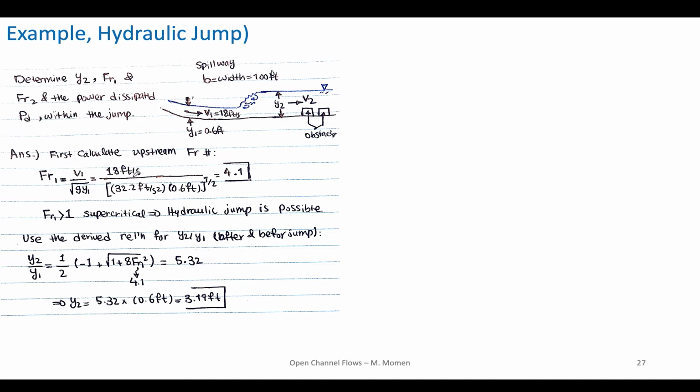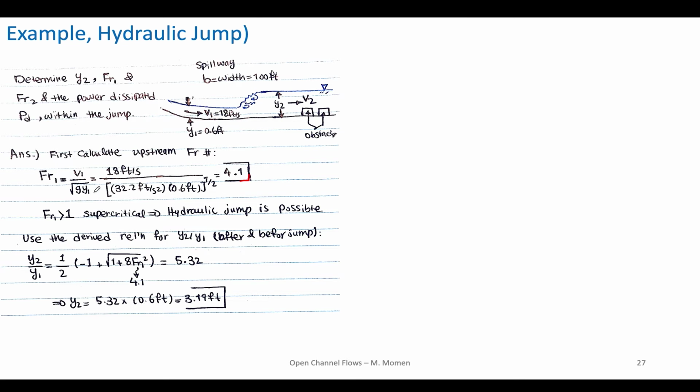V1 is 18 foot per second. g in the British system is 32.2 foot per second squared, times y1, which is also given in the problem, 0.6 foot. So we take the square root of this and divide 18 by that. So we get the upstream Froude number, which is 4.1.